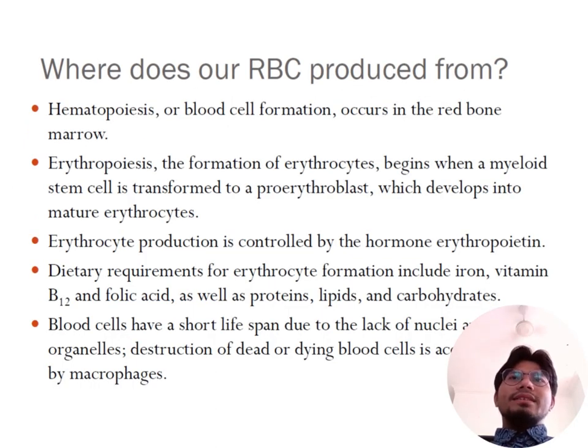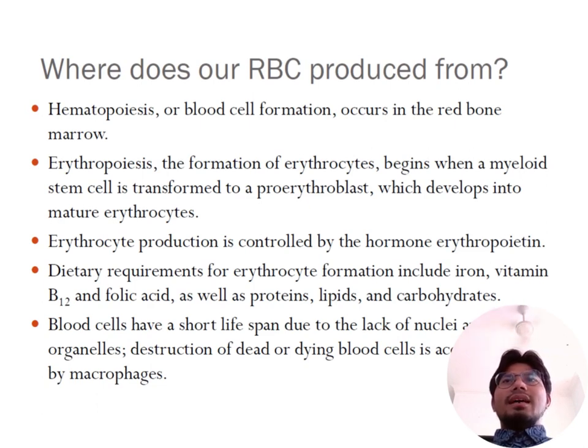There are processes in the blood system involved in the maintenance and production of blood cells. In general, the formation of blood cells is known as hematopoiesis. Hema means blood, poiesis means production. The process occurs in the red bone marrow in human bone.